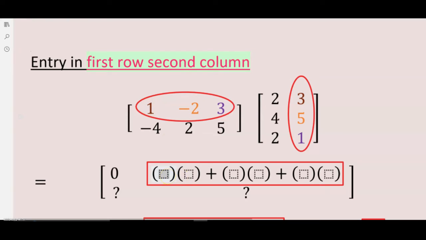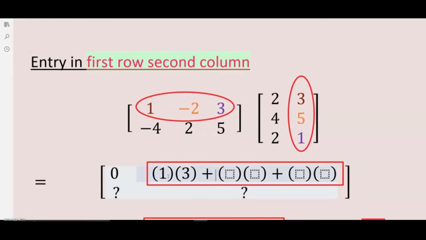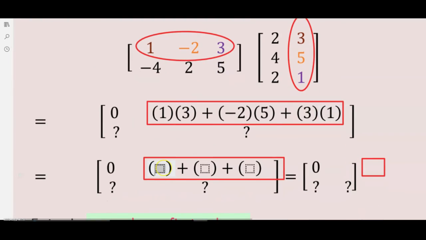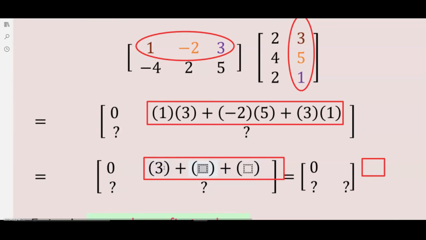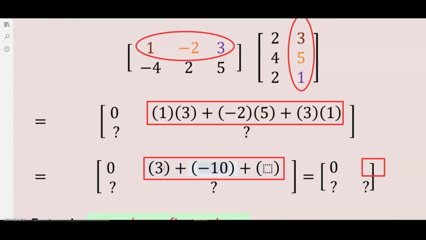So 1 into 3, plus the second entry, that is minus 2 into 5, and the third entry, 3 into 1. Now just do the calculations. 1 into 3, that is 3, minus 2 into 5, that is minus 10, and 3 into 1, that is 3. Now what will be the answer here? That is 3 plus 3, 6, and 6 minus 10, that is minus 4.